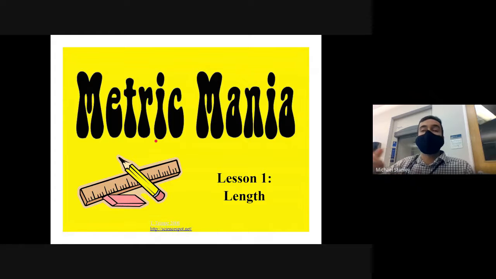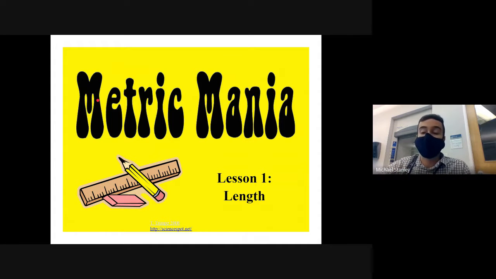So if you're a scientist in America or Canada or China or South Africa or Egypt, you're using the metric system in order to measure and take down your observations.